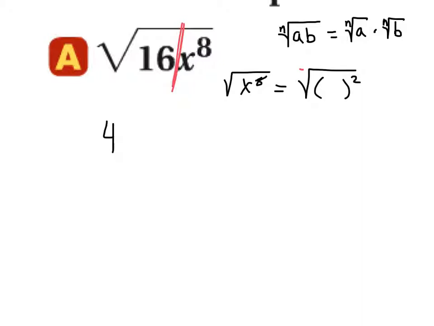We always want this exponent inside to match the index. X to the 4th power. This is why we spent time reminding ourselves of those exponent rules. If you have a power raised to a power, you multiply the exponents. So x to the 4th squared is x to the 8th. So now, what's the square root of x to the 4th squared? X to the 4th, exactly.